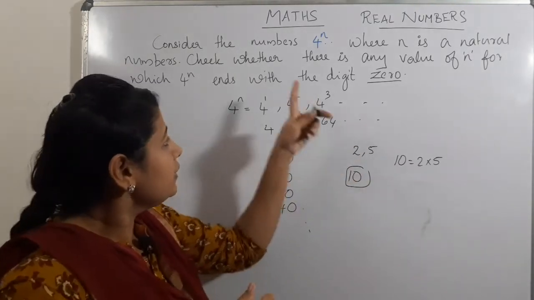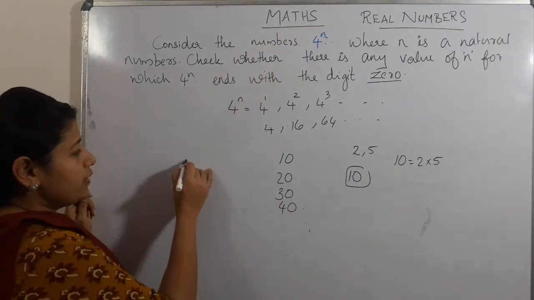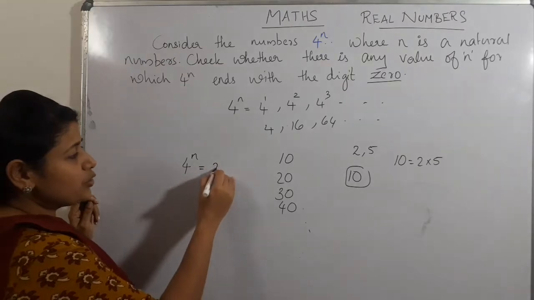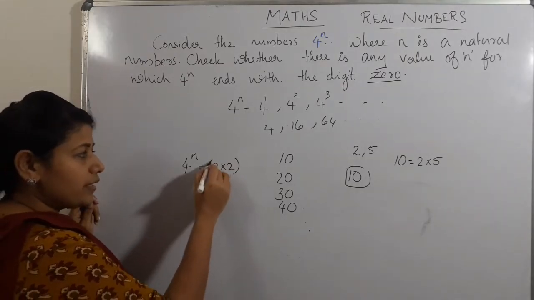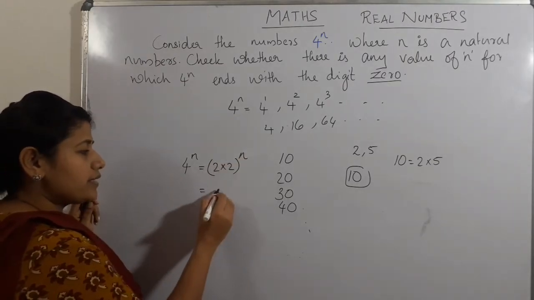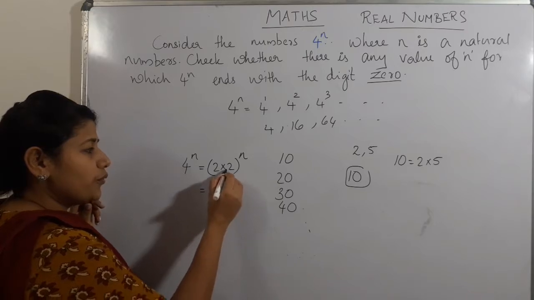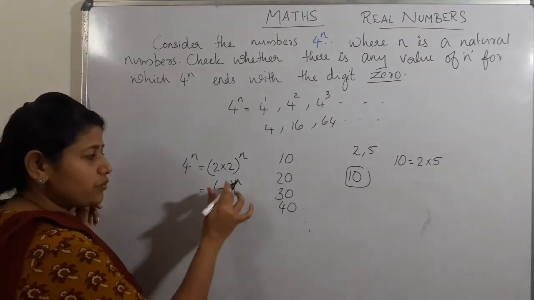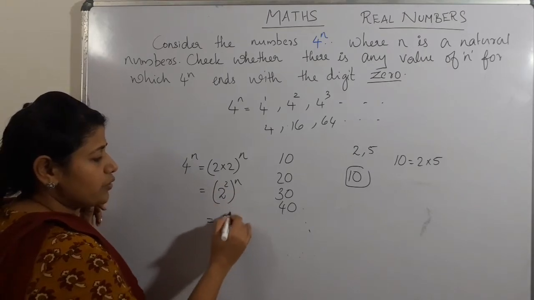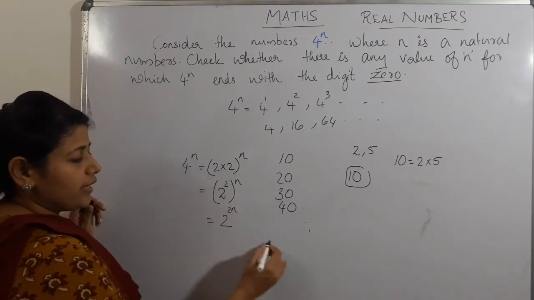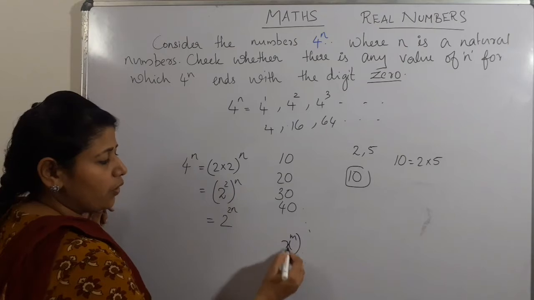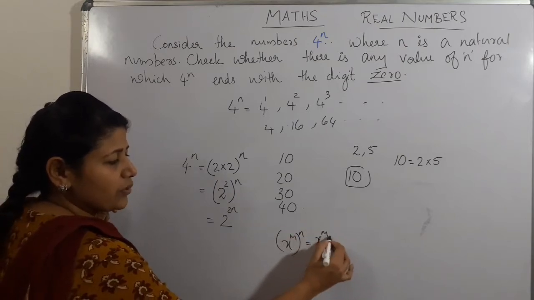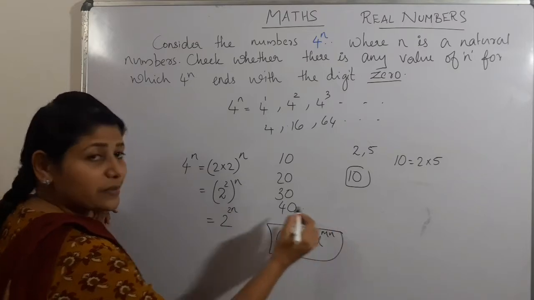Now coming to this 4 raised to n. 4 can be written as 2 into 2, whole raised to n. This can be written as 2 raised to 2, whole raised to n. 2 times 2 means 2 raised to 2. That is 2 raised to 2n. x raised to m, whole raised to n, can be written as x raised to mn, which you have studied in exponents.